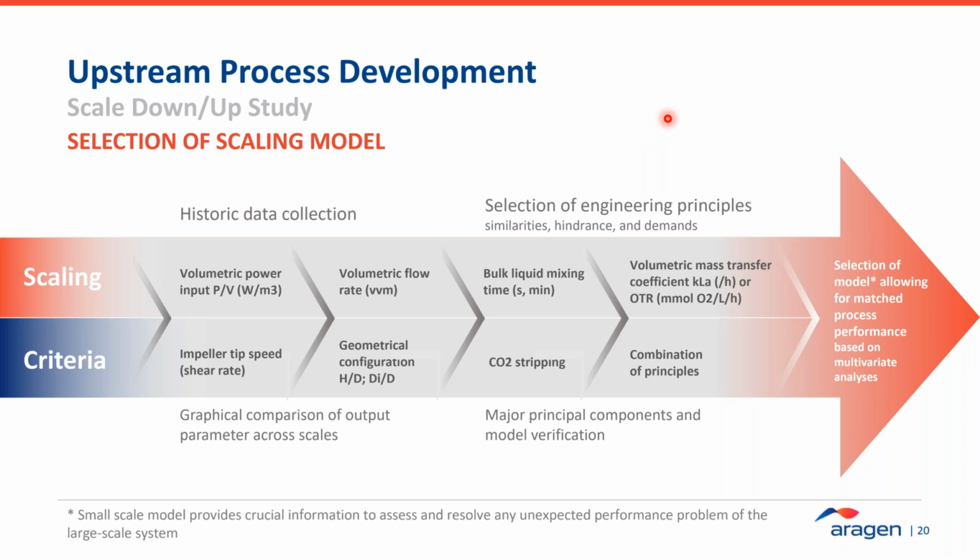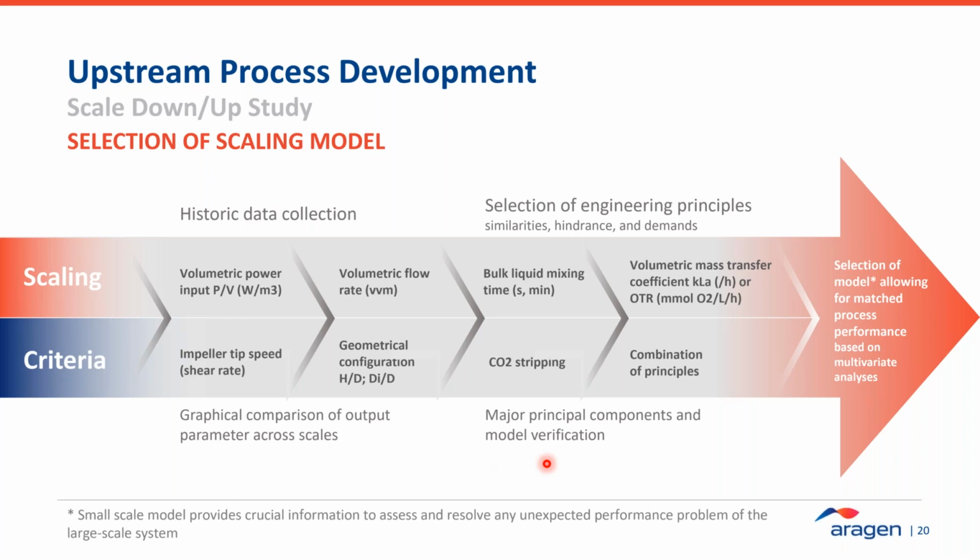After employing the selected criterion, or in some cases a combination of criteria, we look into the profile of outputs, KPI and CQA. By looking into graphical or statistical comparison, we verify equivalency, comparability, or differences among outputs across scales.